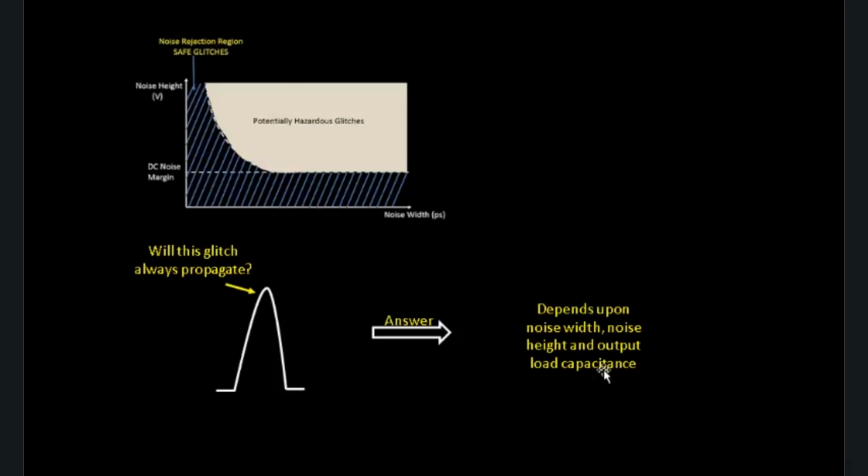This output load capacitance sometimes becomes a deciding factor towards the end days of the tape-out, or whenever we are in a very critical situation in our deliverables. This concept becomes very important because if we increase our output capacitance, there is very little chance of the glitch getting propagated, and hence that glitch might just not impact our existing behavior. So this is a very important conclusion.